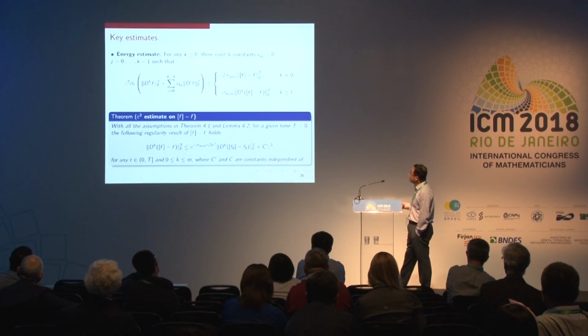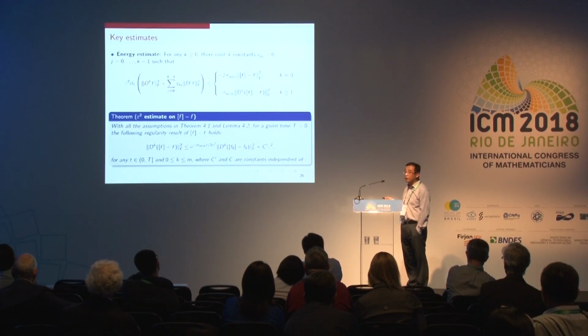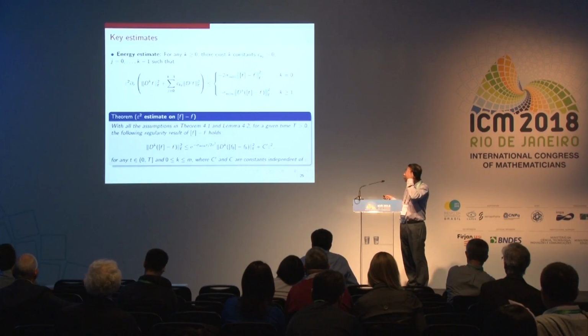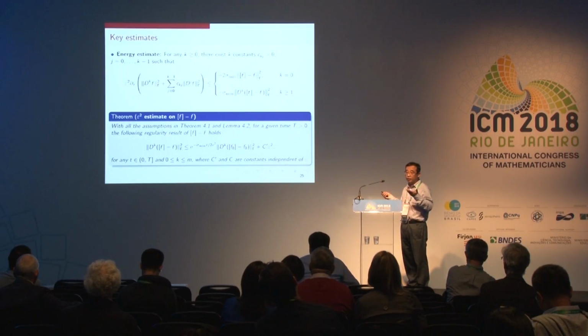Of course, to prove this, here is what I mean by hypocoercivity. We do an energy estimate. Usually if it's a heat equation, you take a Sobolev norm, and the left-hand side is something negative times the same Sobolev norm. But here you have f, but here it is f minus bracket f, where bracket f is the velocity average.